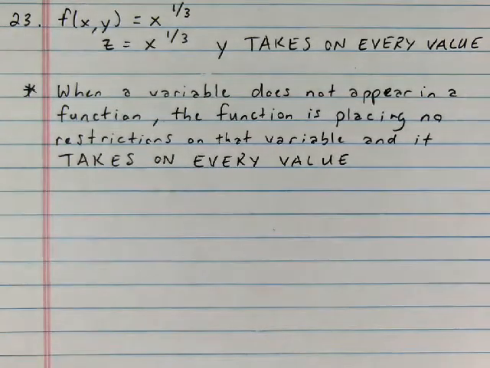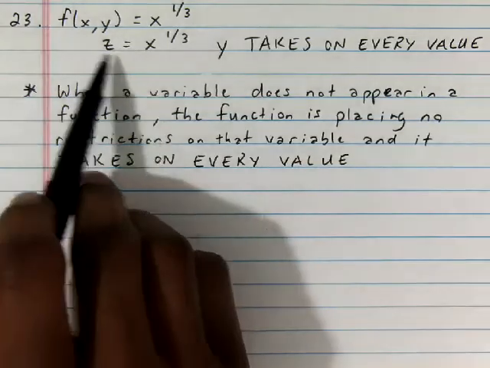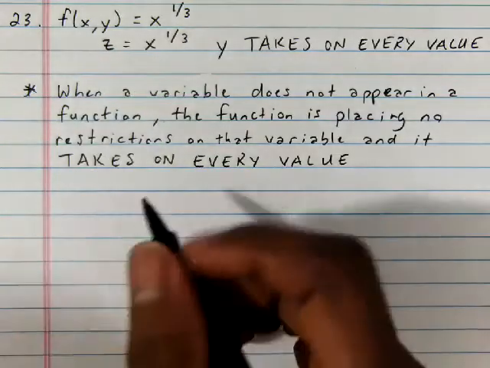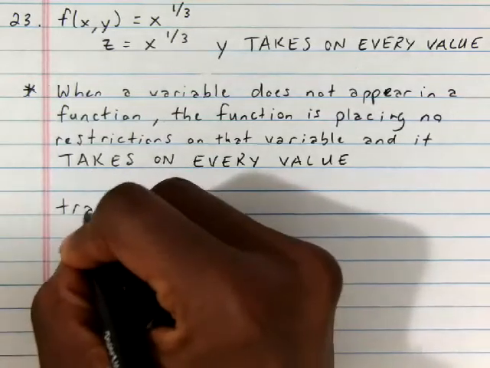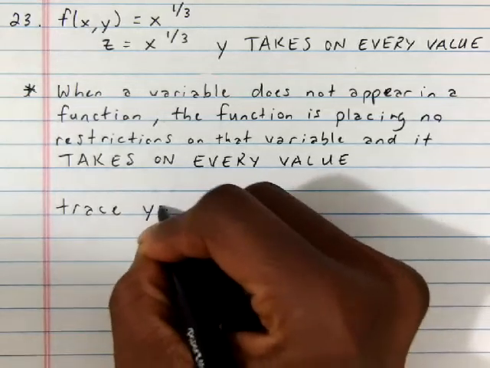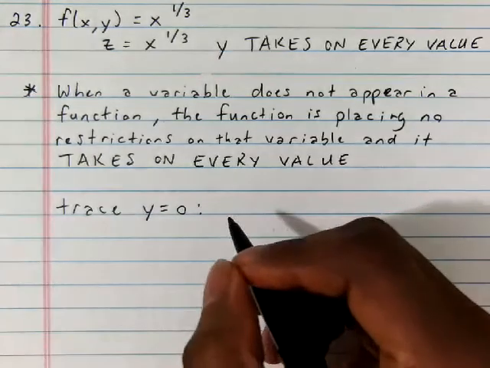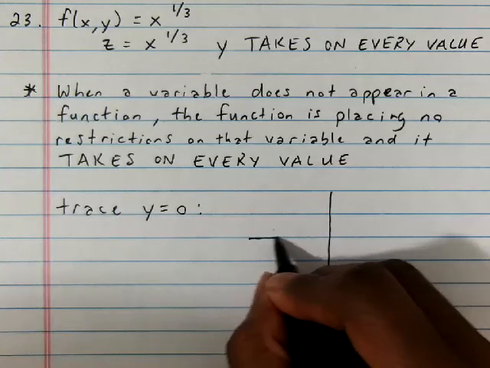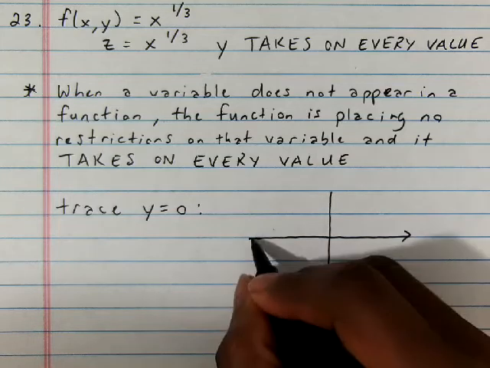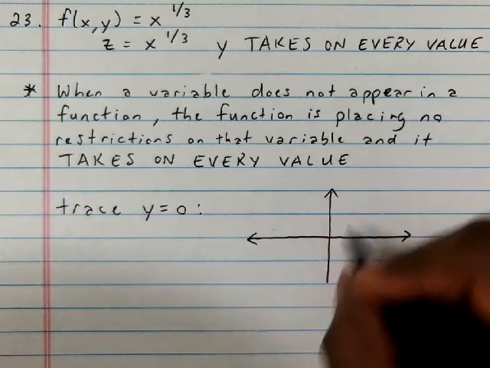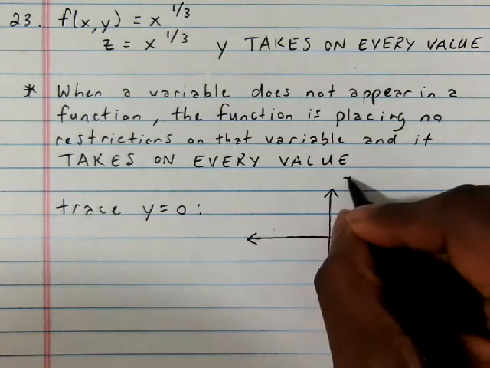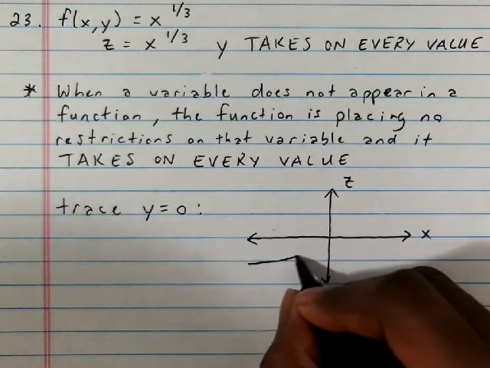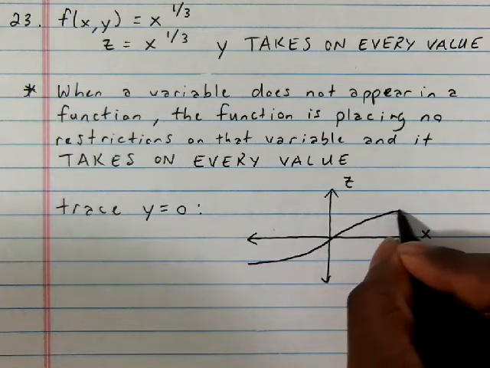Now let's start with what this looks like in the trace y equals 0. That's the xz plane, and this would look like that.